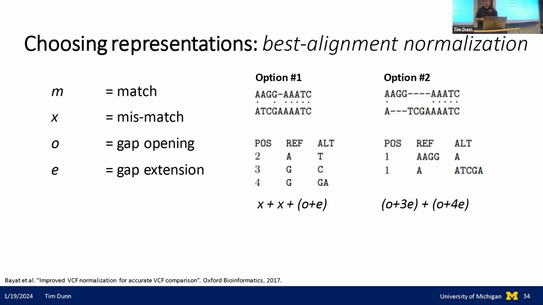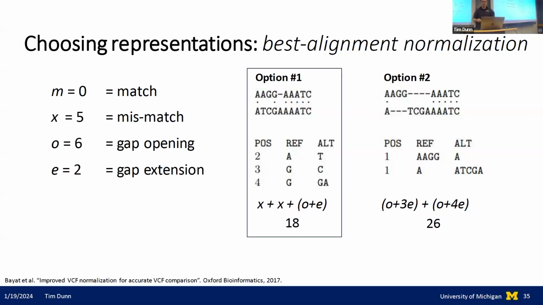And this will help allow you to quantify the two different representations. So here you would have two mismatch penalties for the two different substitutions, and then a penalty for opening and extending an insertion of one base. Whereas with this representation, you would open two separate insertions and deletions, and then you add the extension penalties to reflect the length of those insertions and deletions.